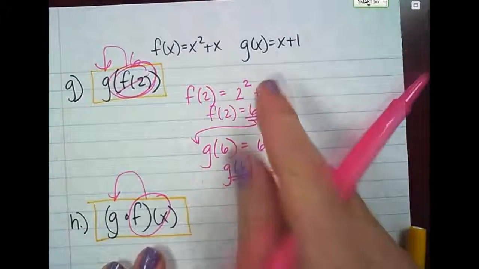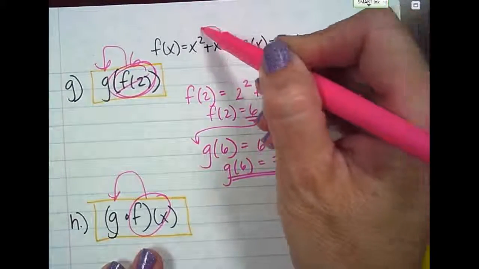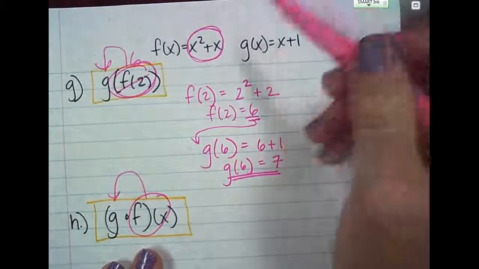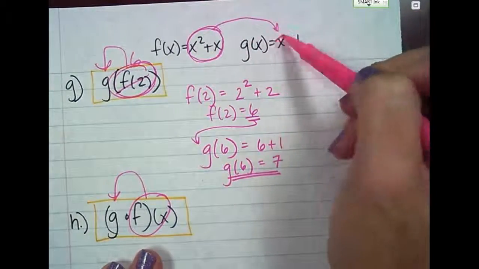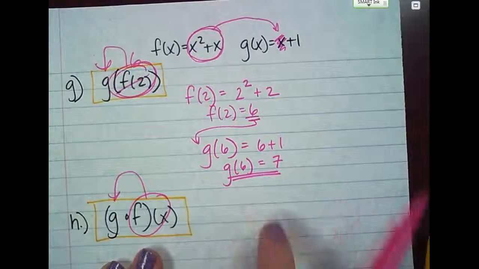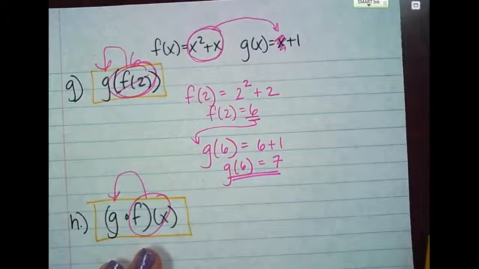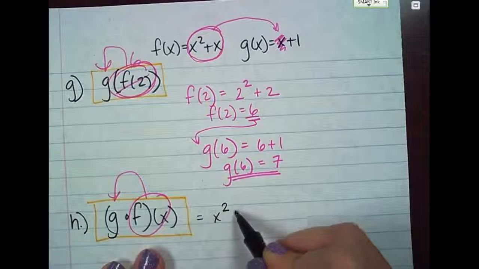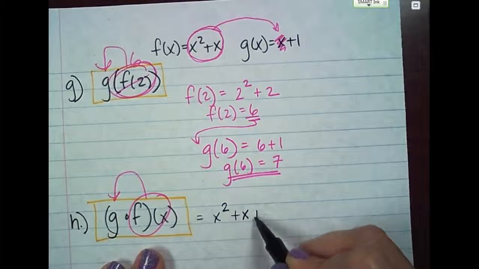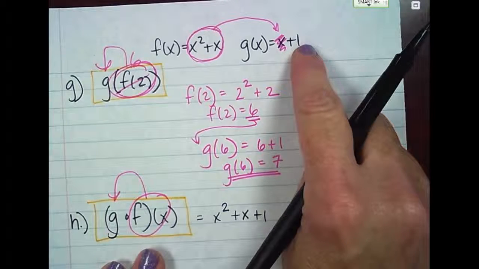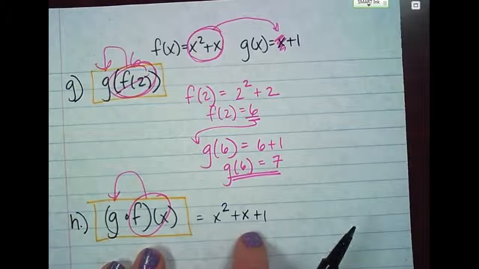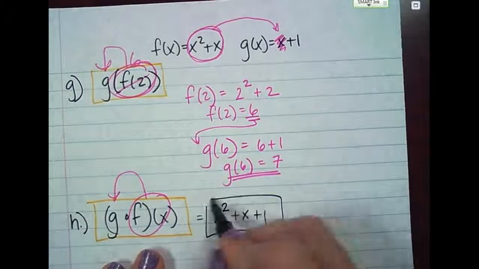You go up here, you're going to take all this player, the whole thing, and we're going to kick out this player here. You try to write what you think belongs then. What do you think belongs? X squared plus x plus 1. Don't forget about the rest of the game. We need the rest of the players. Can I simplify that? No, so that's just my final answer.